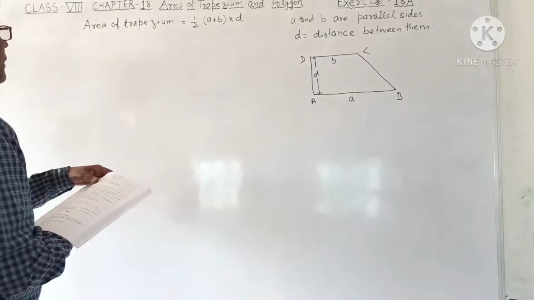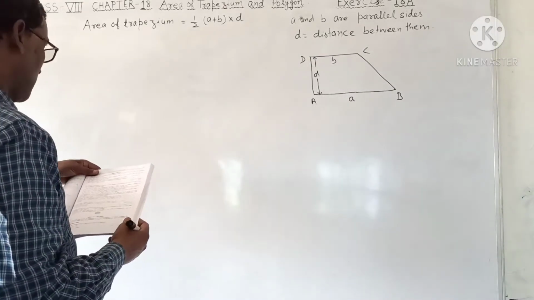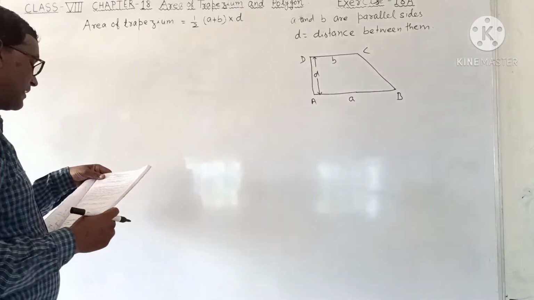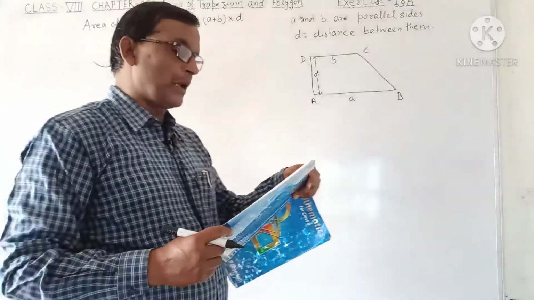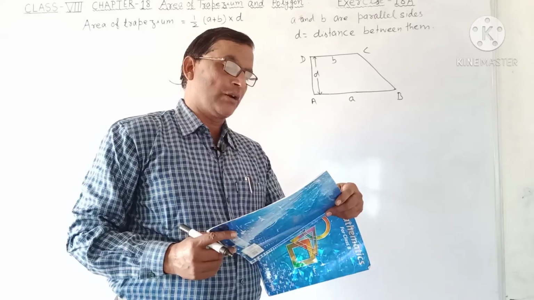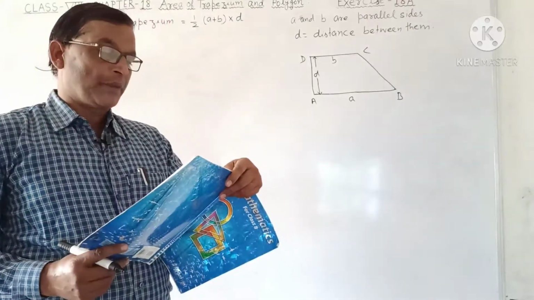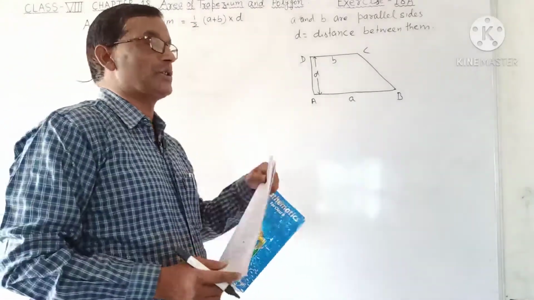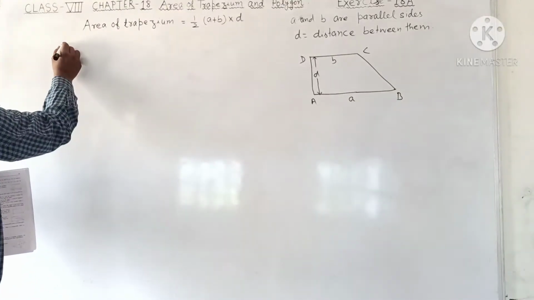Look, question number 2. Find the area of a trapezium whose parallel sides are 38.7 centimeter and 22.3 centimeter and the distance between them is 16 centimeter. Question number 2.